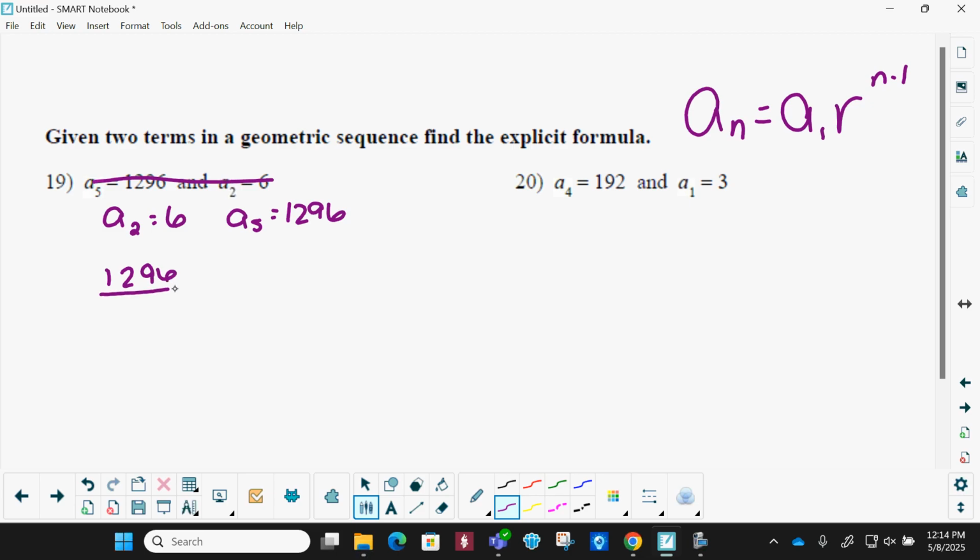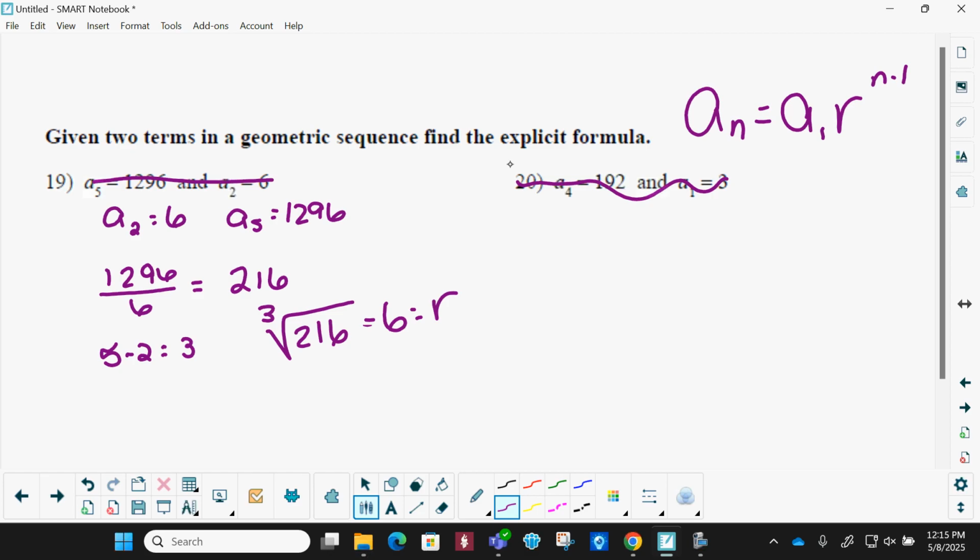The second, divide it by the first, and you get 216. Now you're going to do 5 minus 2, which is 3. So the cube root of 216 is 6. So here's my r value. Okay, I'm going to cross that one out. So now we have this so far.